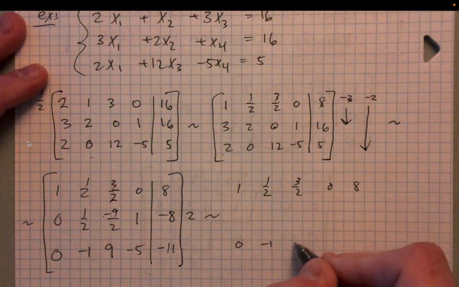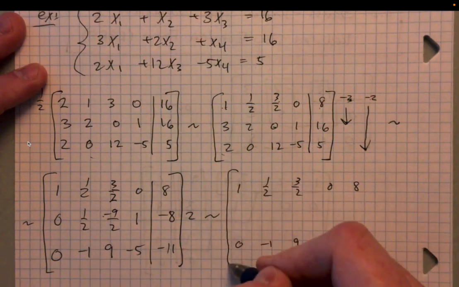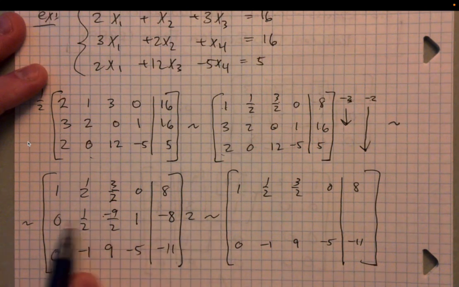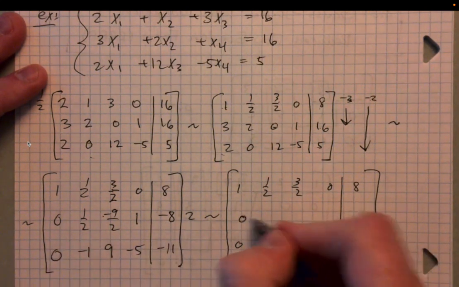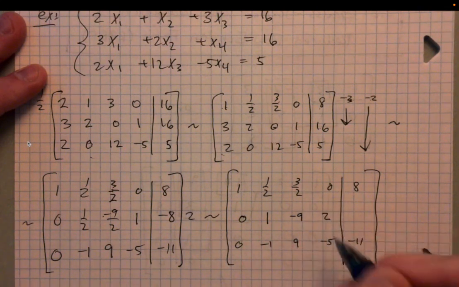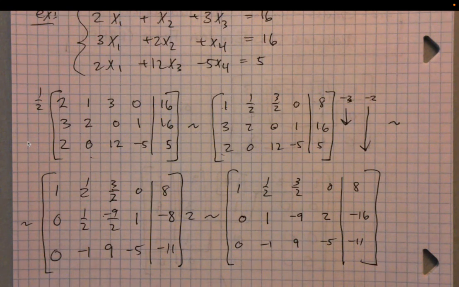So let's go ahead and write all of those in. Okay, and now we'll multiply everything here by 2, and so we get a 0 and a 1 and a negative 9 and a 2 and a negative 16. Okay, very good.